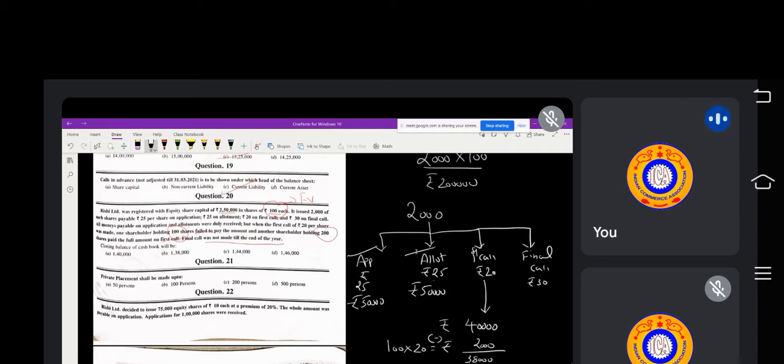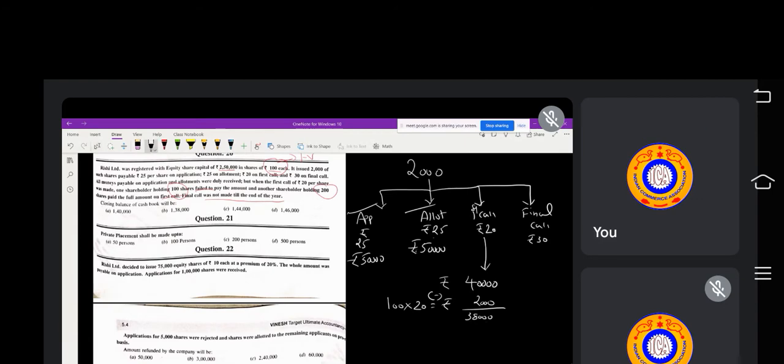But in addition to this, there is one shareholder holding 200 shares who paid the final call money along with the first call itself. So 200 shares into 30 rupees will give you 6,000 rupees. That needs to be added to this 38,000. So 38,000 plus 6,000 will give you an amount of rupees 44,000.